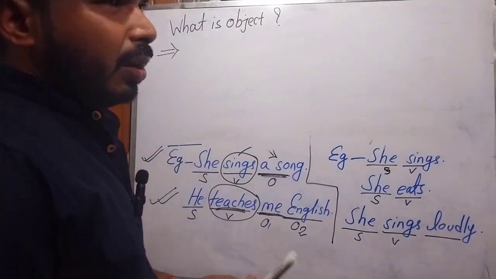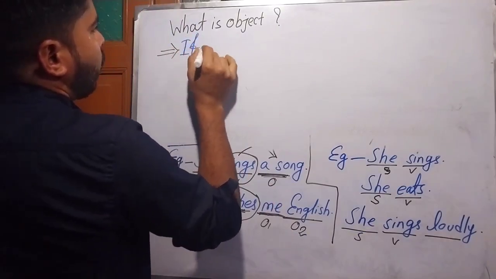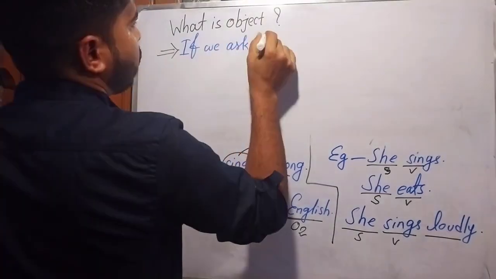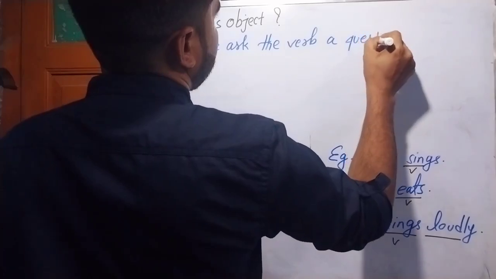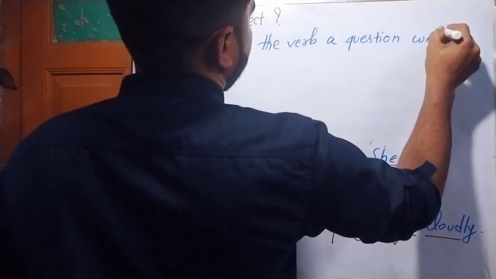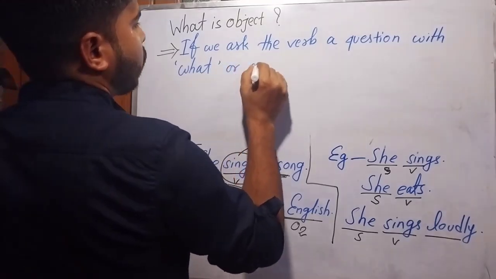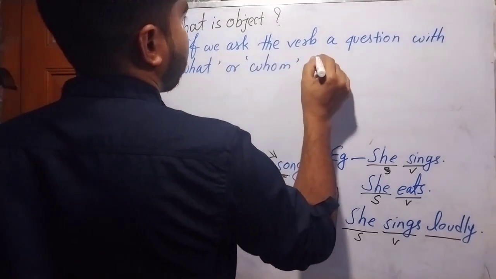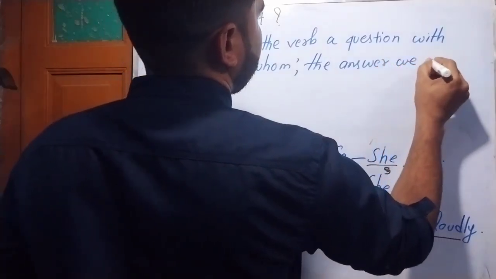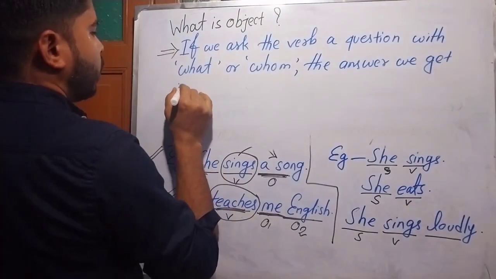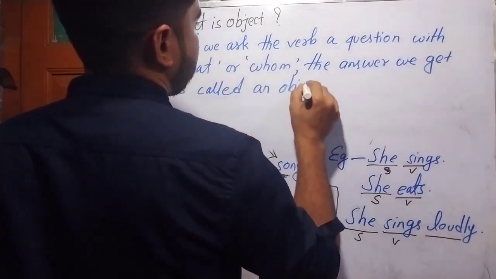So simply you can say that if we ask the verb a question with what or whom, the answer we get is called an object.